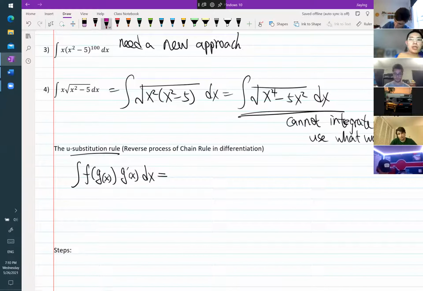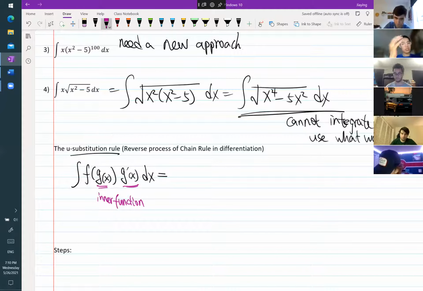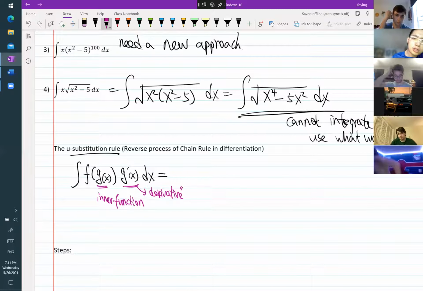If we try to integrate something where this part is the derivative of the inner function, so g is the inner function of some function f, and g prime is the derivative, or looks like the derivative. It doesn't have to be exactly the derivative.